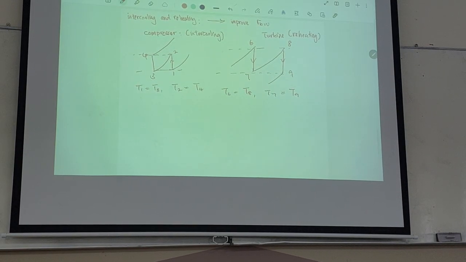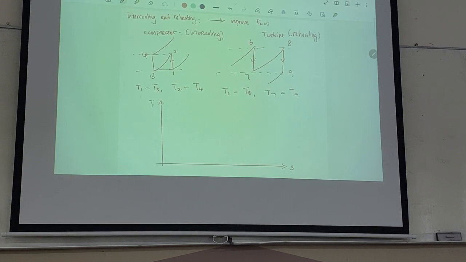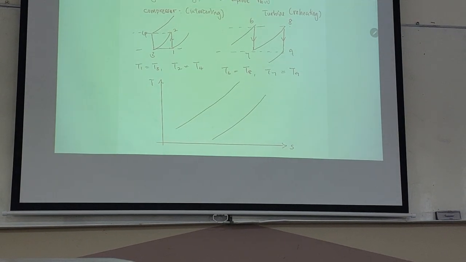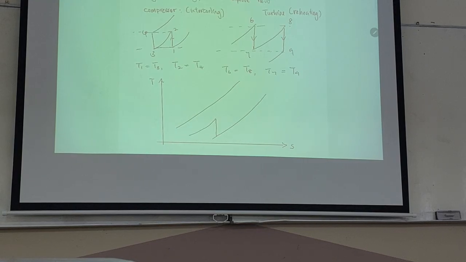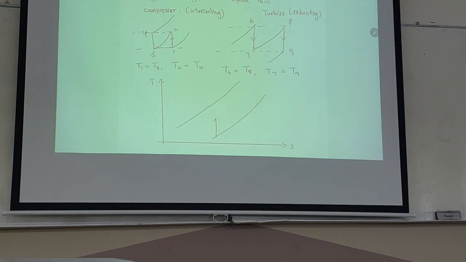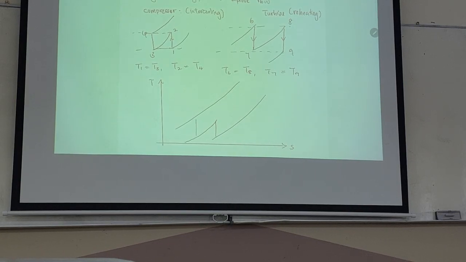So if we put this entire thing into the TS diagram, pretty much what you can do is make sure they are at about the same level. So 1, 2, 3, 4.